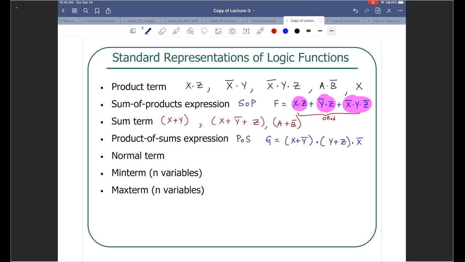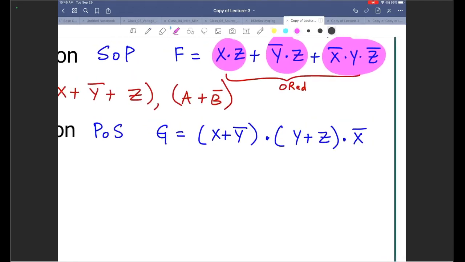So I've written some arbitrary sum terms. These are my sum terms that I'm highlighting in yellow. Sum term 1, sum term 2, and sum term 3. And then at the end, after I did the sum of individual terms, I did an AND of all of them. So that is a product of sums expression, POS.